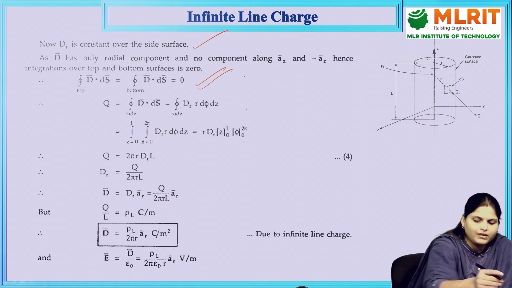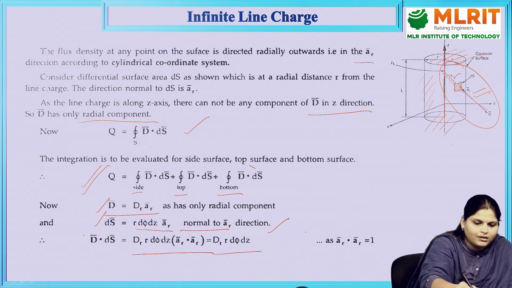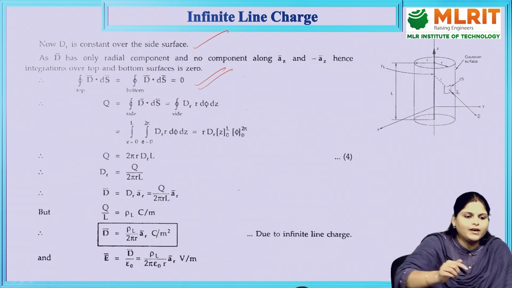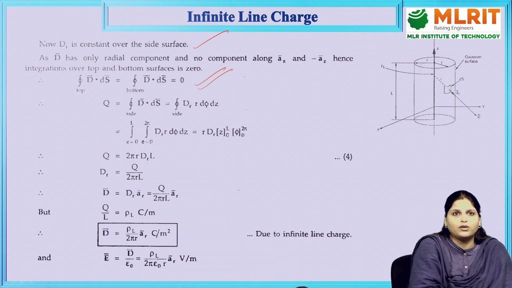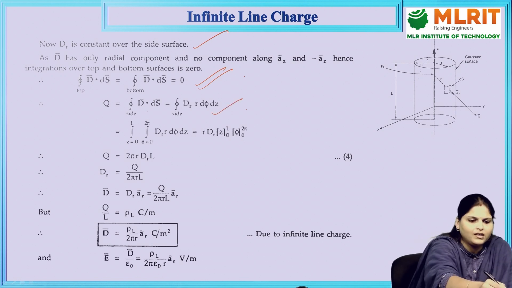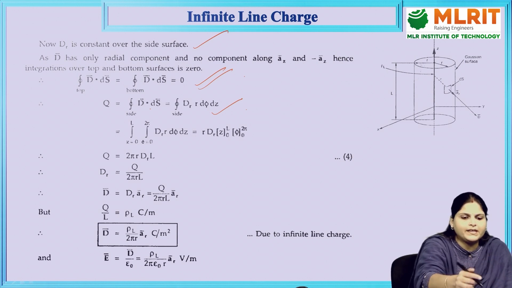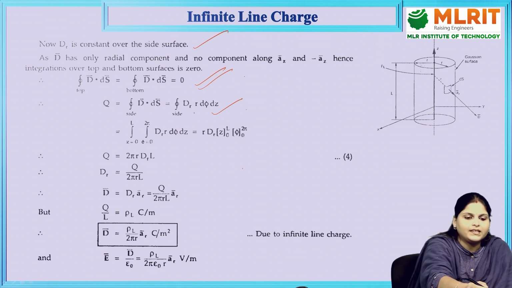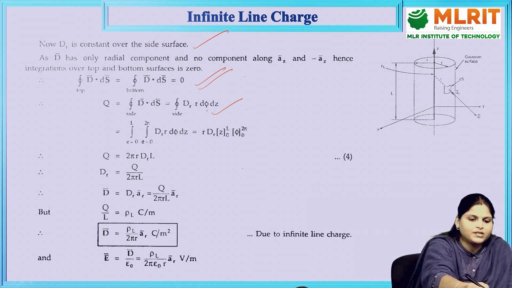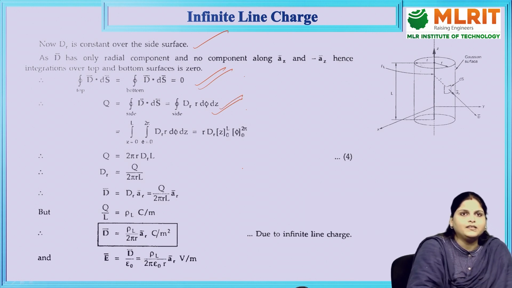So in this formula these two are gone, and now we have only Q is equal to the integration of D dot dS for the side, and already we have got this formula. By putting the value of D and dS, we get the integration over the side of D_r r dphi dz. Now here the integration is with respect to phi and z.